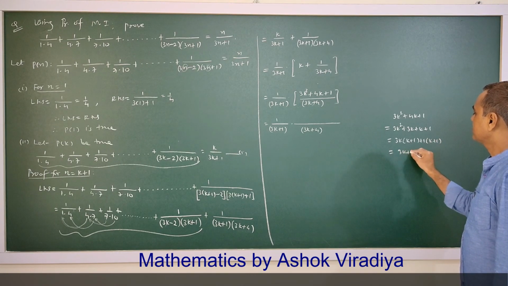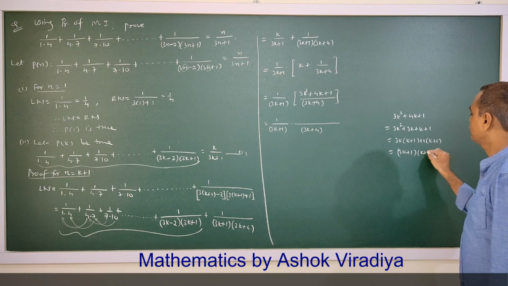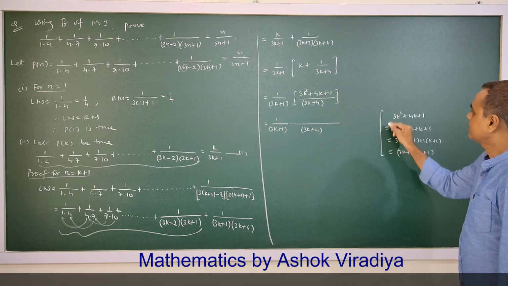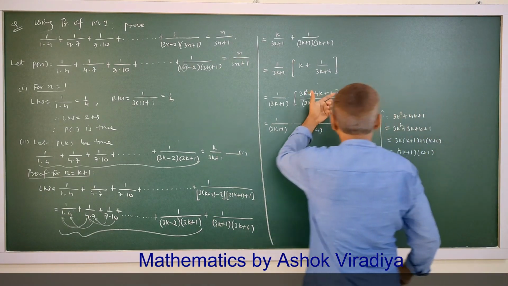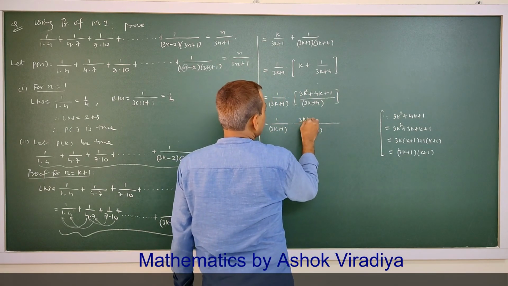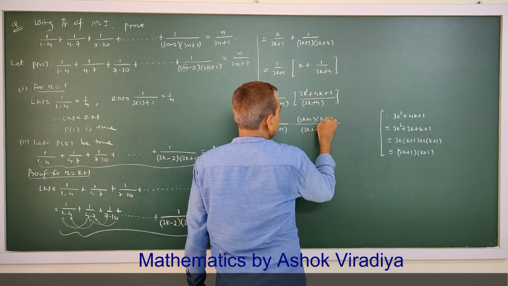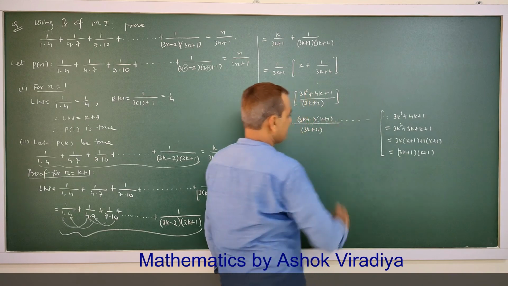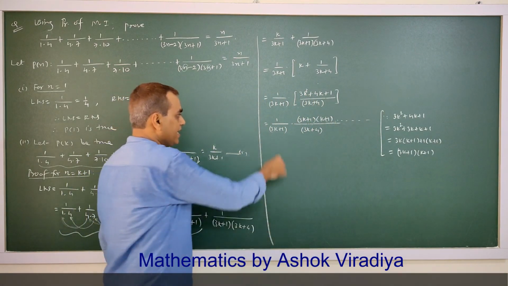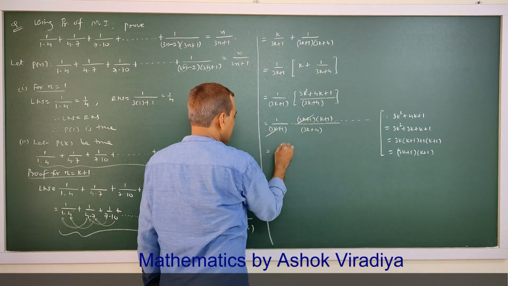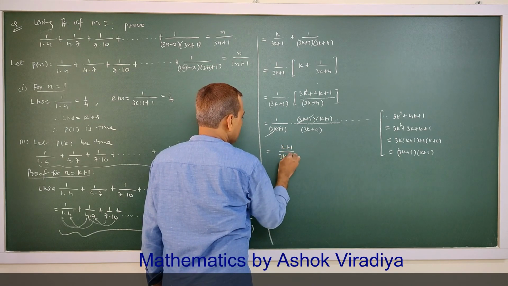So 3k plus 1 into k plus 1. So these are the factors of this expression, put in here: 3k plus 1 into k plus 1. And hence this is cancelled. So k plus 1 upon 3k plus 4.